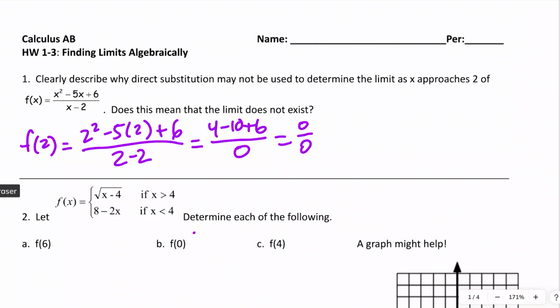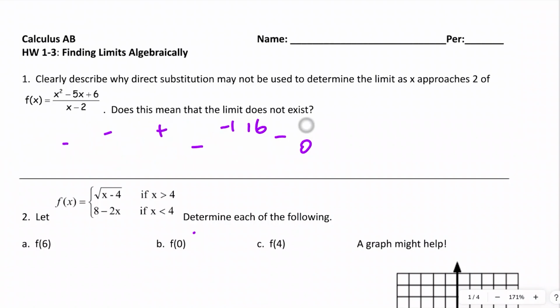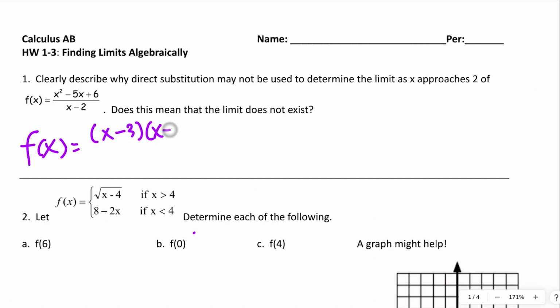And so to identify where that hole is, we would factor the numerator and cancel out the like factors. So I'm going to rewrite this as f of x equals x minus 3 times x minus 2, which is what I would get if I factor that numerator, over x minus 2.